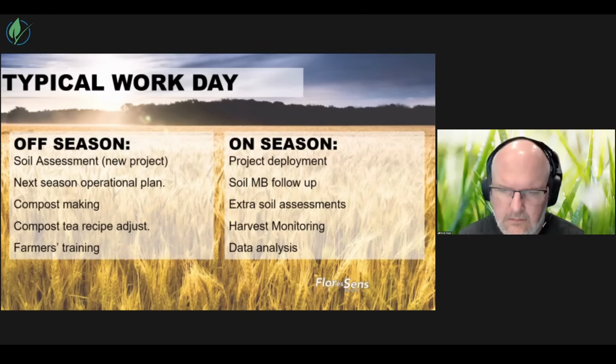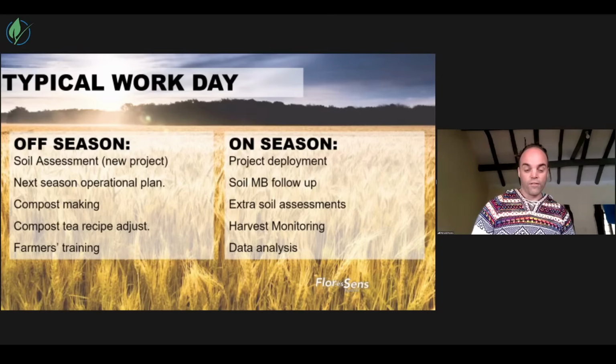We are continuously supporting farmers and encouraging them to make their own compost themselves, depending on their context, obviously. A couple of hurdles there. Then compost tea and compost extract would be the setup itself in terms of machinery, and then the follow-up in recipes, for example.